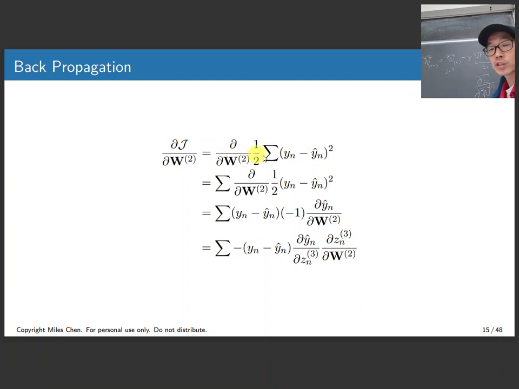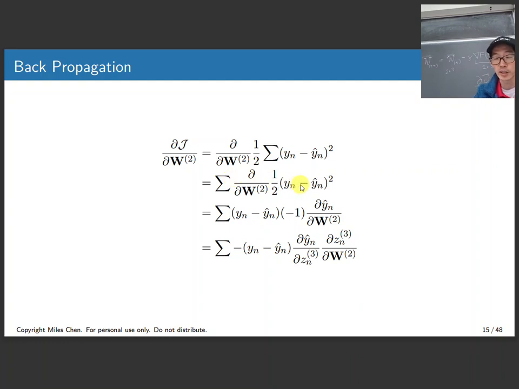Our loss function is the difference between the actual values and y hat, okay? I have this written like this, and we want to know how this changes when we change W2. The summation over all of our n observations, the gradient of a sum is basically the sum of the gradients, so that's fine.